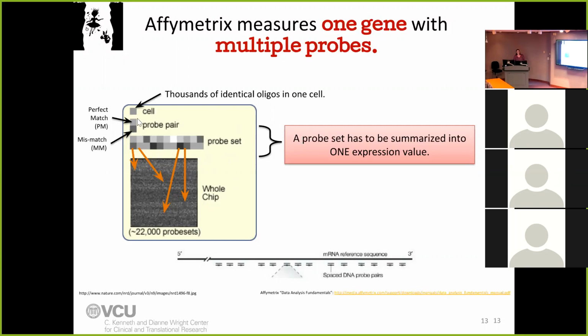So keep in mind that when you're analyzing Affymetrix data, if your data looks weird or off or unexpected, you can drill back down to the probe set level and do your own summarization. Generally, this is all done with the Affymetrix software, so you'll get an Excel sheet with 1 value. But just know that that's actually summarized across 11 to 20 different measurements for that same probe.